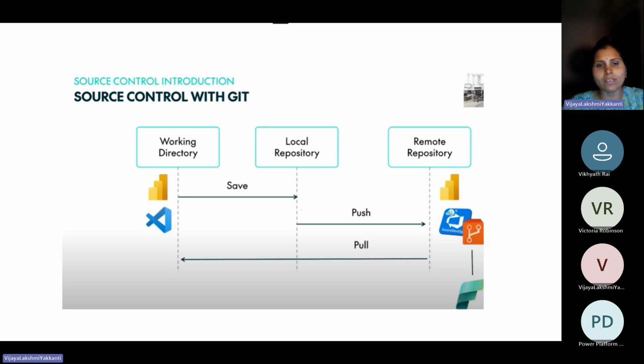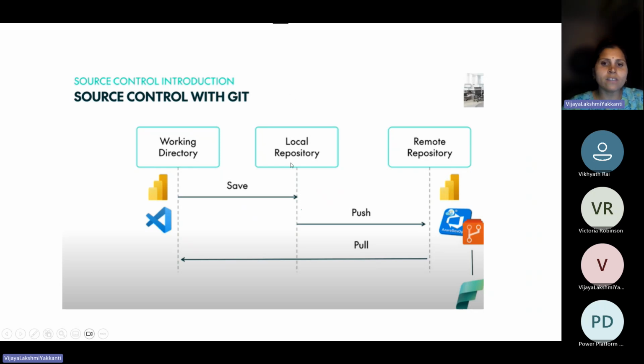Once everything is ready and the report is ready to deploy, we use the Power BI report, and it is saved in the local repository. Local repository means one of the local folders, such as the C drive or desktop, some place in our system where it is stored.